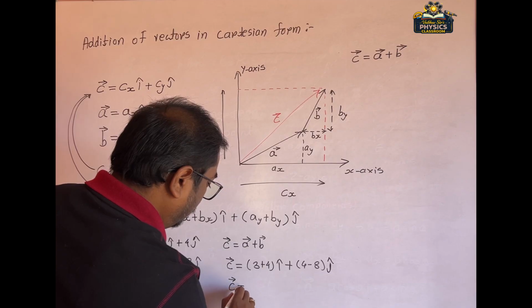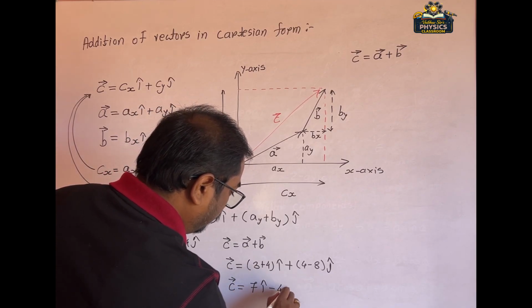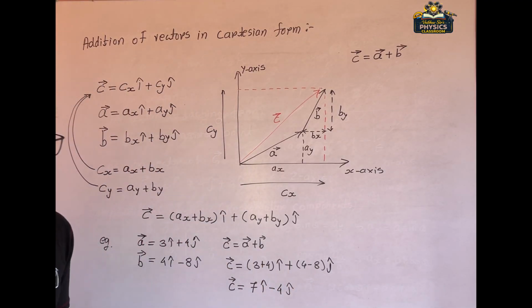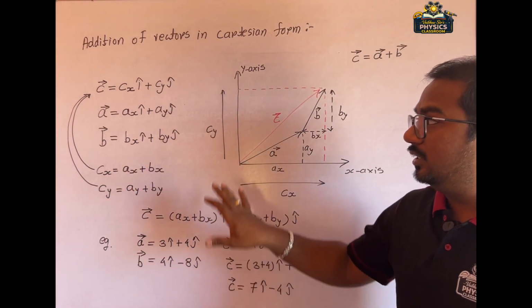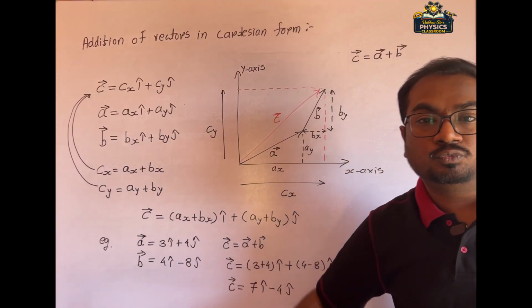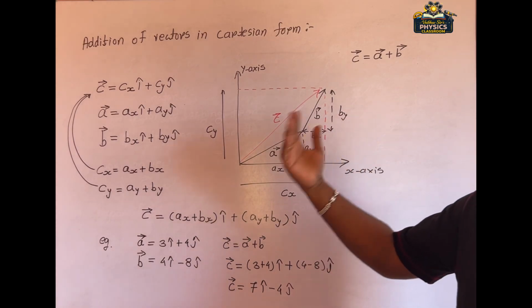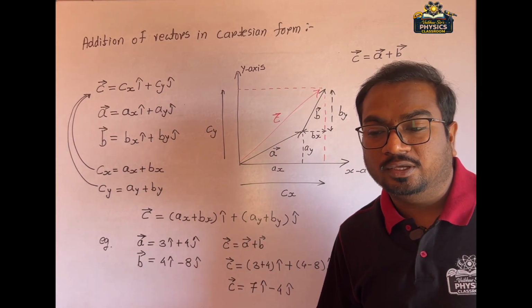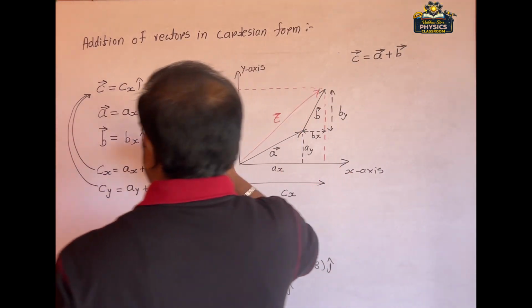The C vector will be 7 I cap minus 4 j cap. Just like that, we can add these vectors in the Cartesian form also. Alright. Then how can we find the magnitude? We will discuss this also.